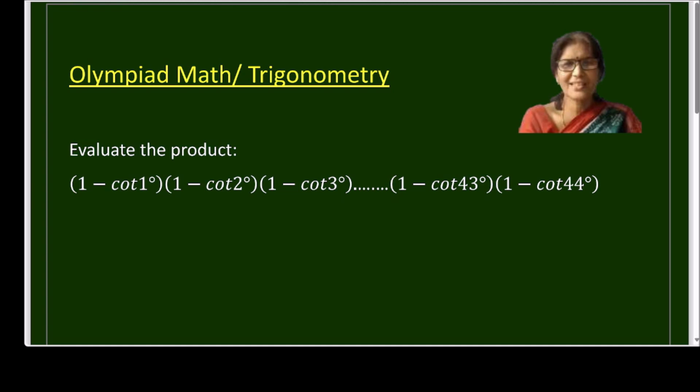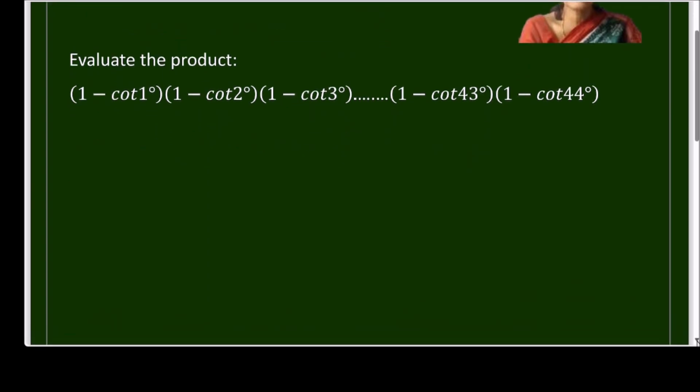Evaluate the product. The terms are 1 minus cot 1 degree, 1 minus cot 2 degree, 1 minus cot 3 degree, up to 1 minus cot 44 degree. So how to start? I am writing a general expression taking cot x degree or simply cot x.